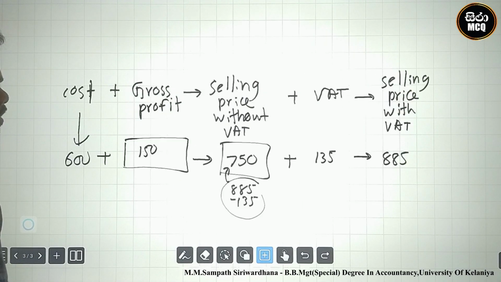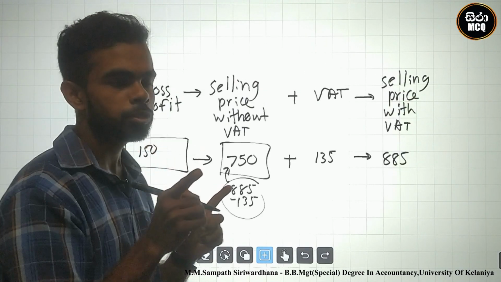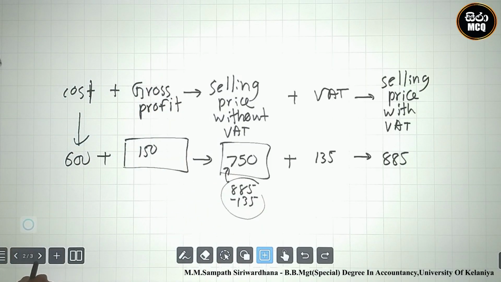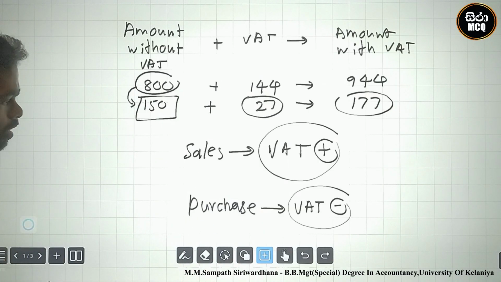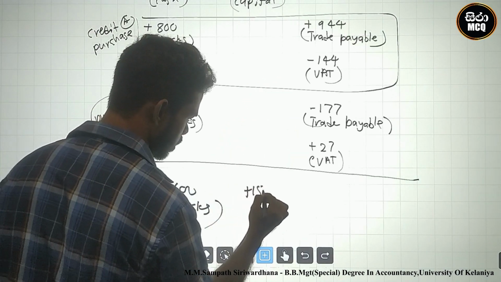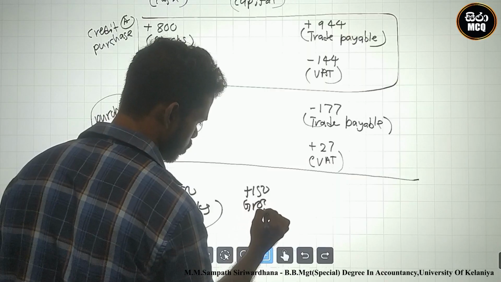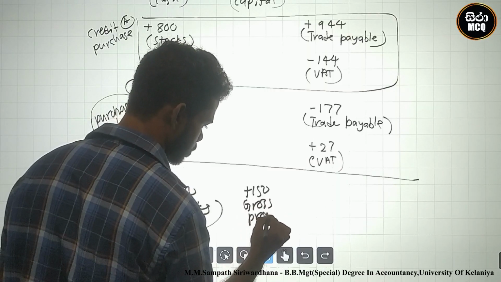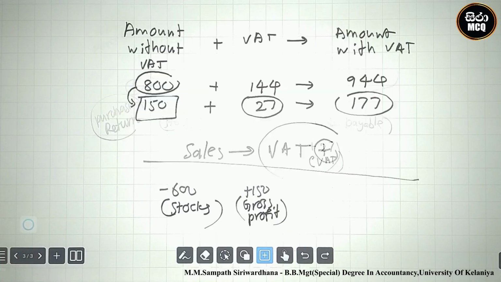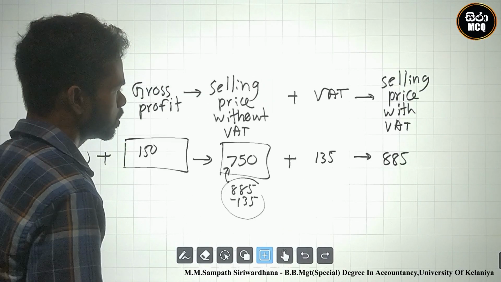After that, the gross profit impacts equity: equity plus 150, gross profit.